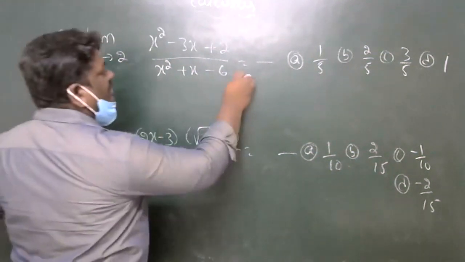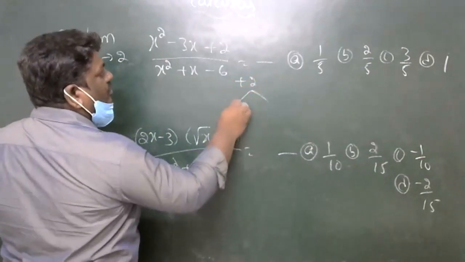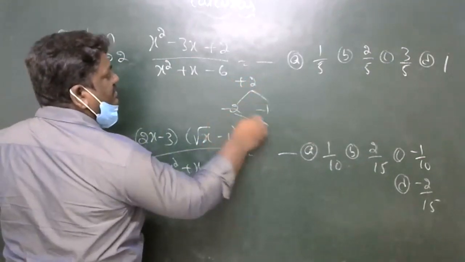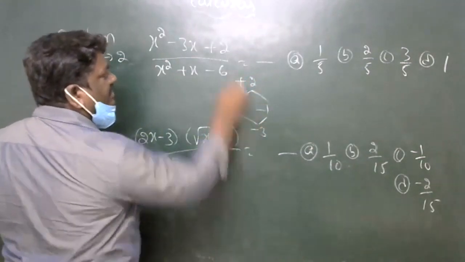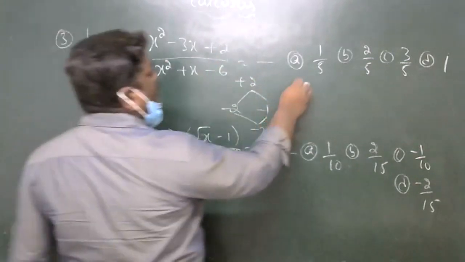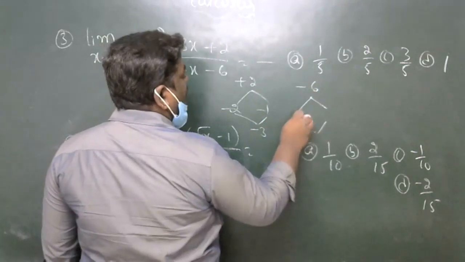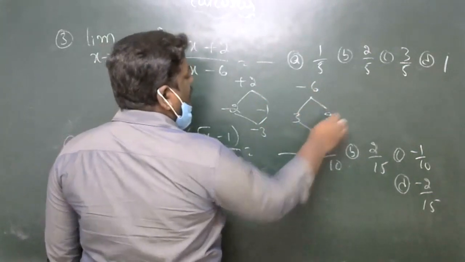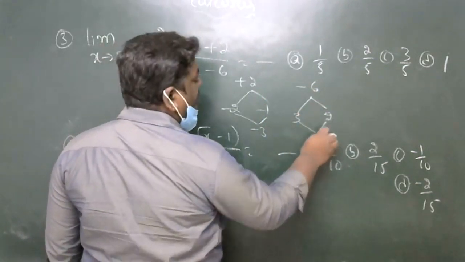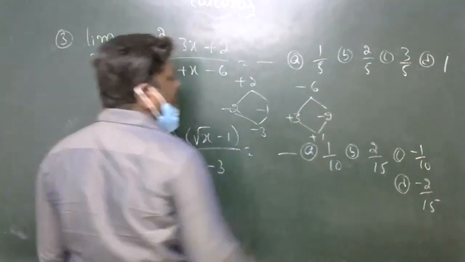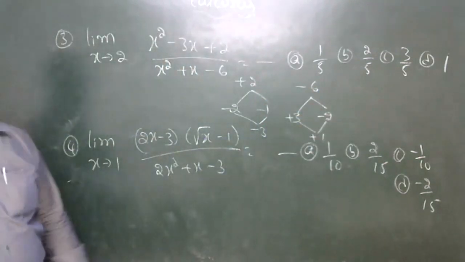So plus 2 we can change as two ones, which are minus minus. So we will get minus 3 for this. So minus 6 you can change as 2 and 3, so you have to get plus 1. That means plus minus in the denominator.